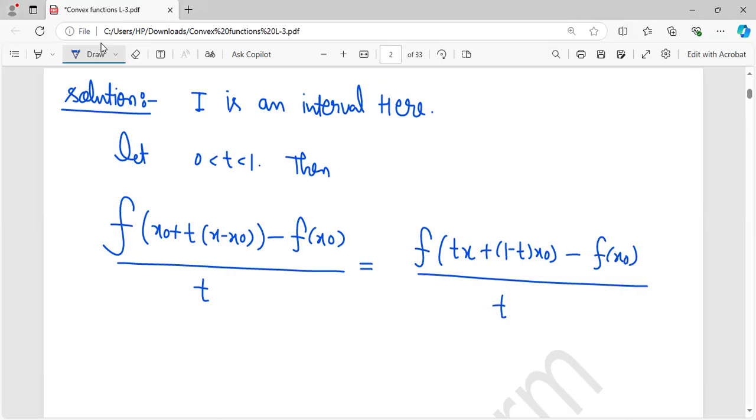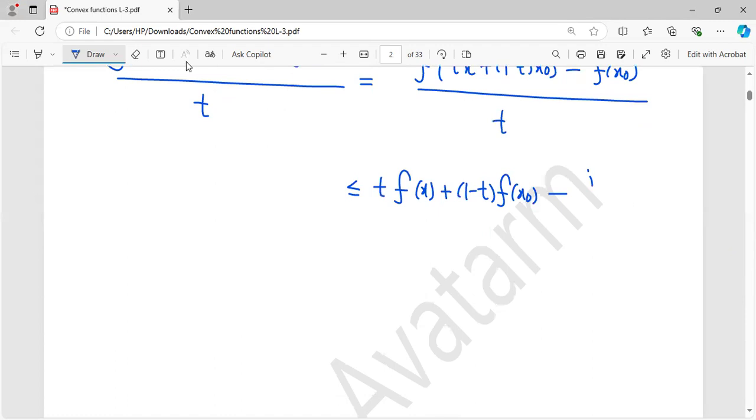Because the function is convex, now we can use this inequality. T will come out as T f x plus 1 minus T f x naught, minus f x naught, upon T. Okay, so solve it. What is this?